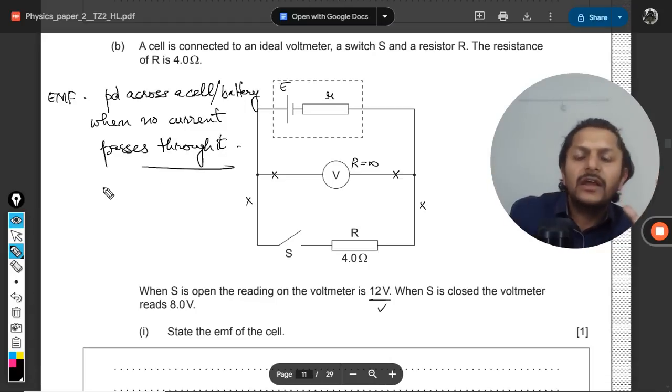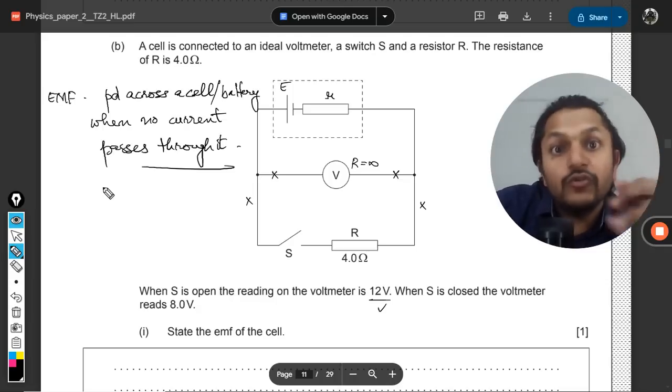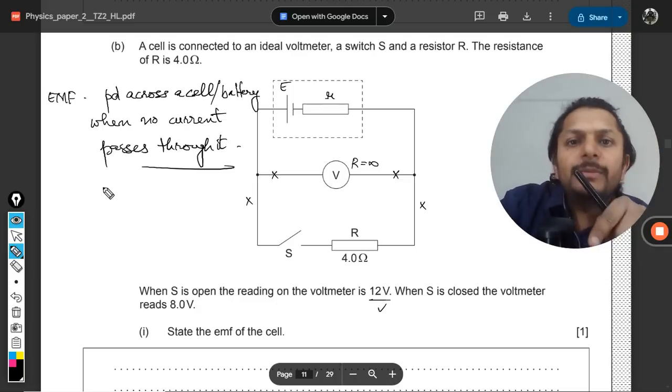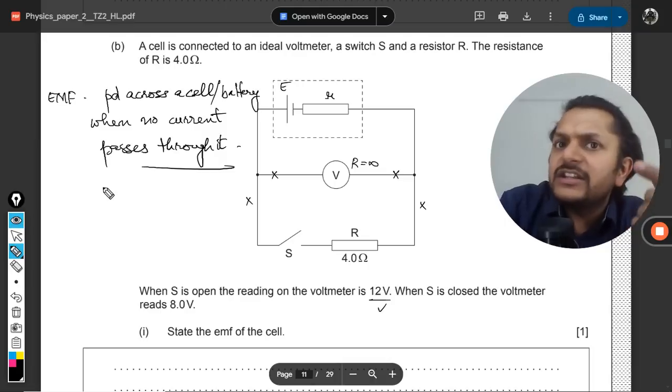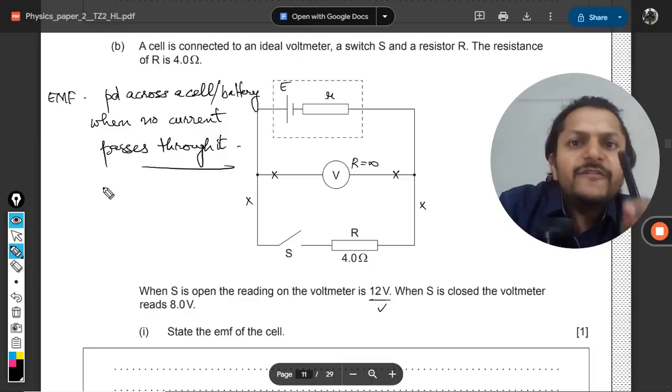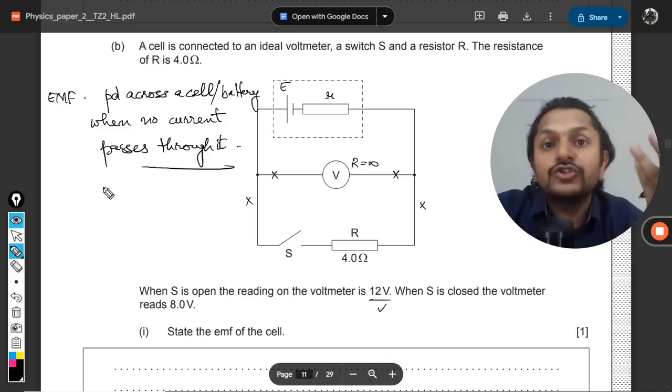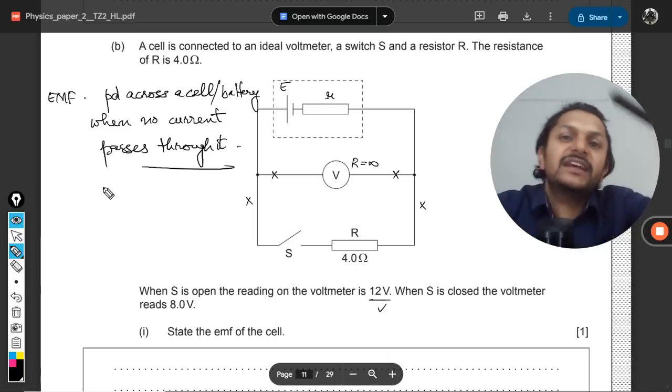Simple. So the voltmeter will be there because you want to find the potential difference across the battery, but the current should not be passing. Because if the current starts passing, it will be facing the internal resistance r, and some energy will be consumed by the battery itself.